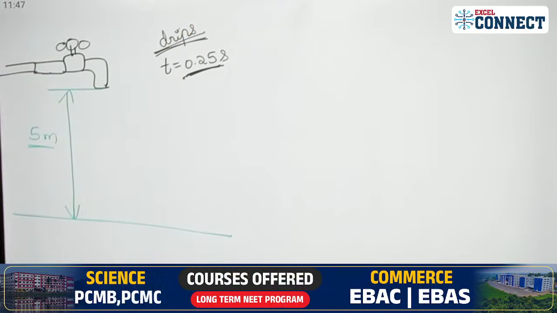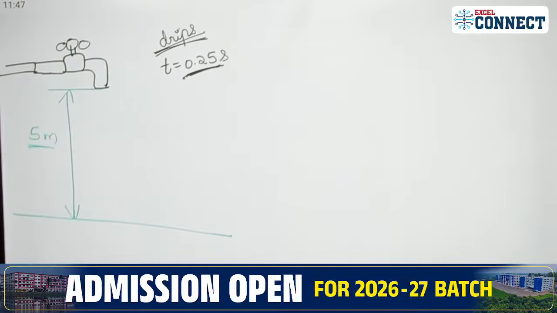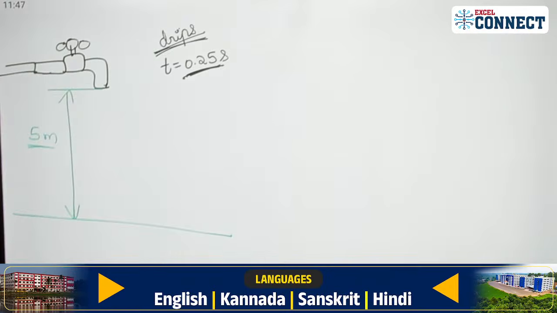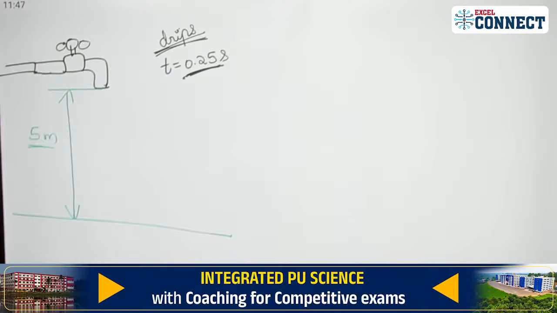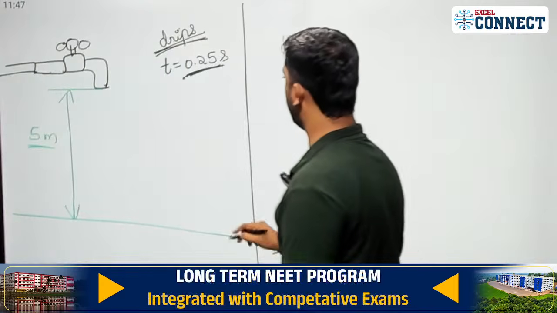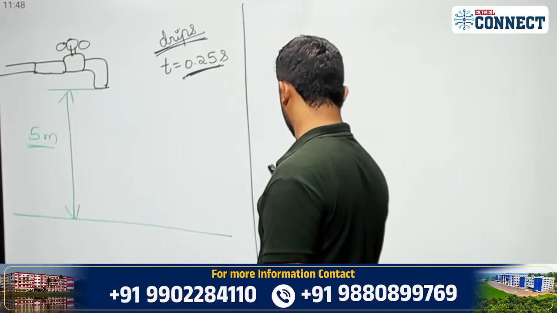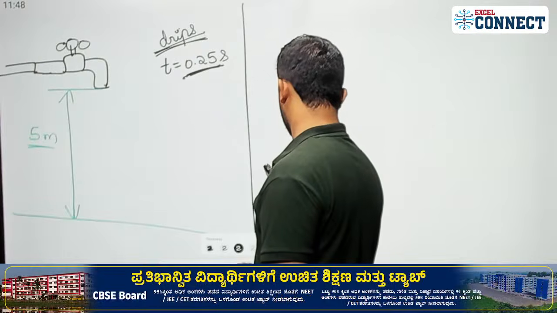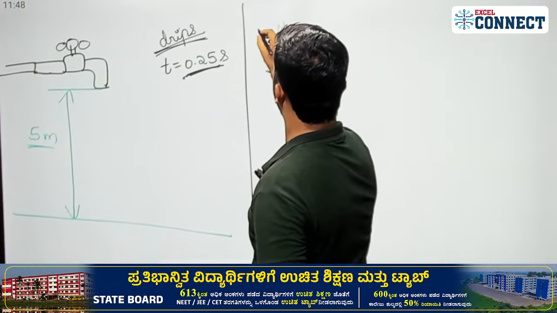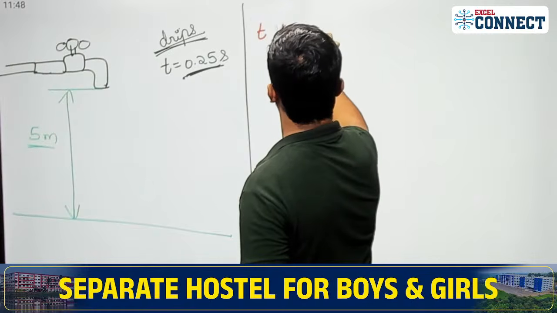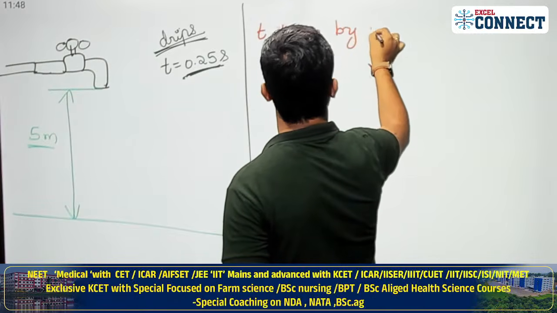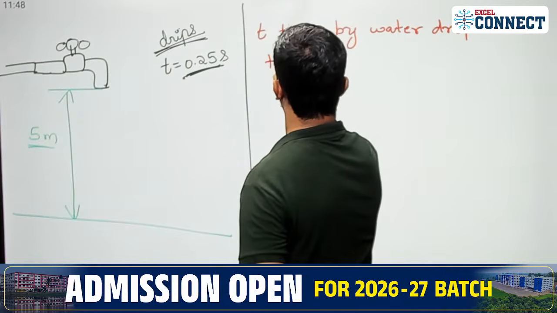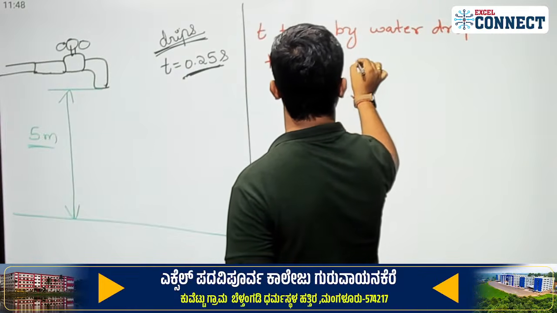Water drips for every 0.25 second. So first you have to calculate the time taken by the water drop to reach the ground.